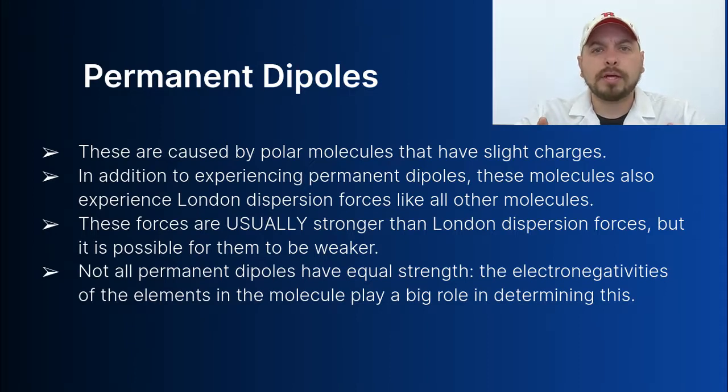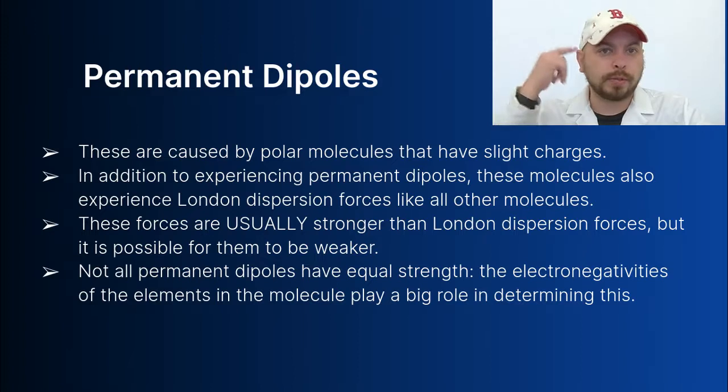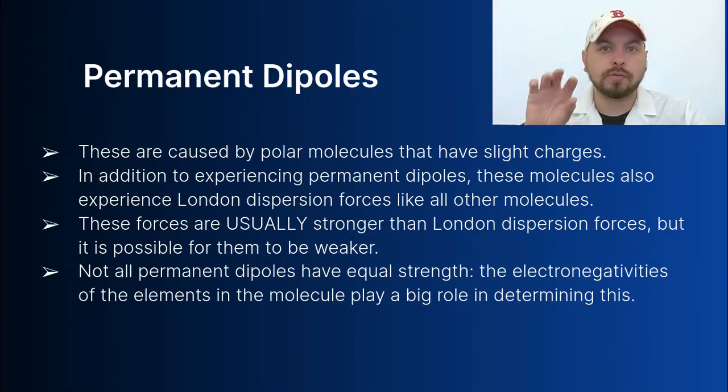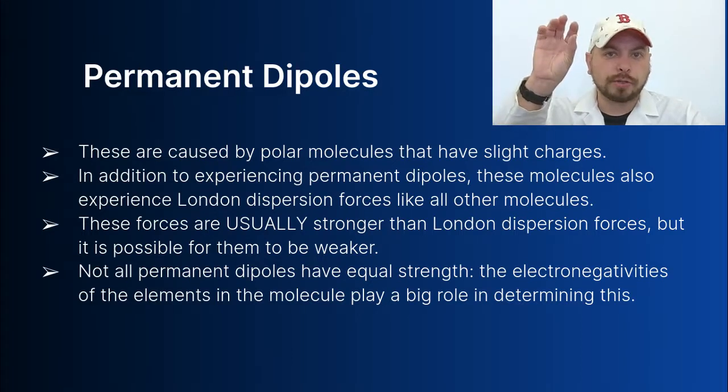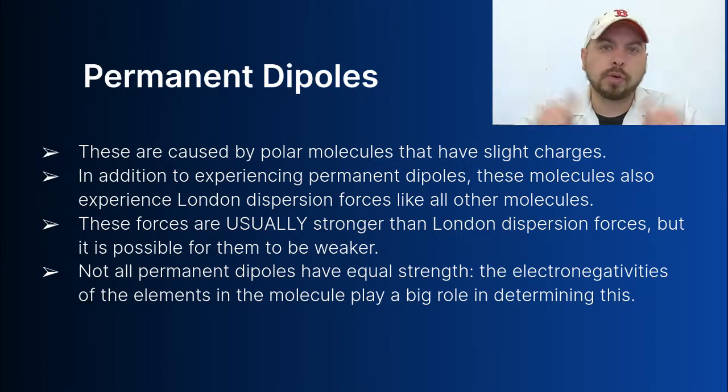Permanent dipoles have a slightly stronger charge, relatively speaking. So if we go back to Coulomb's law, the charge over the distance, the charge element is going to be slightly greater, even though they're not full charges. These are just partial charges. These partial charges are sufficient to create a Coulombic force of attraction between molecules.